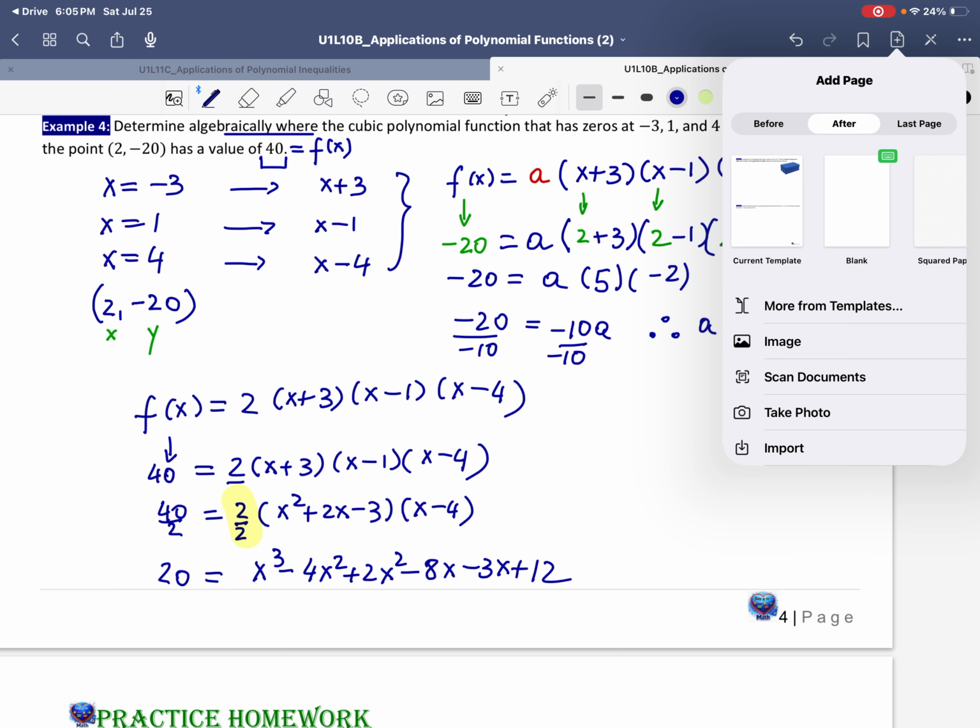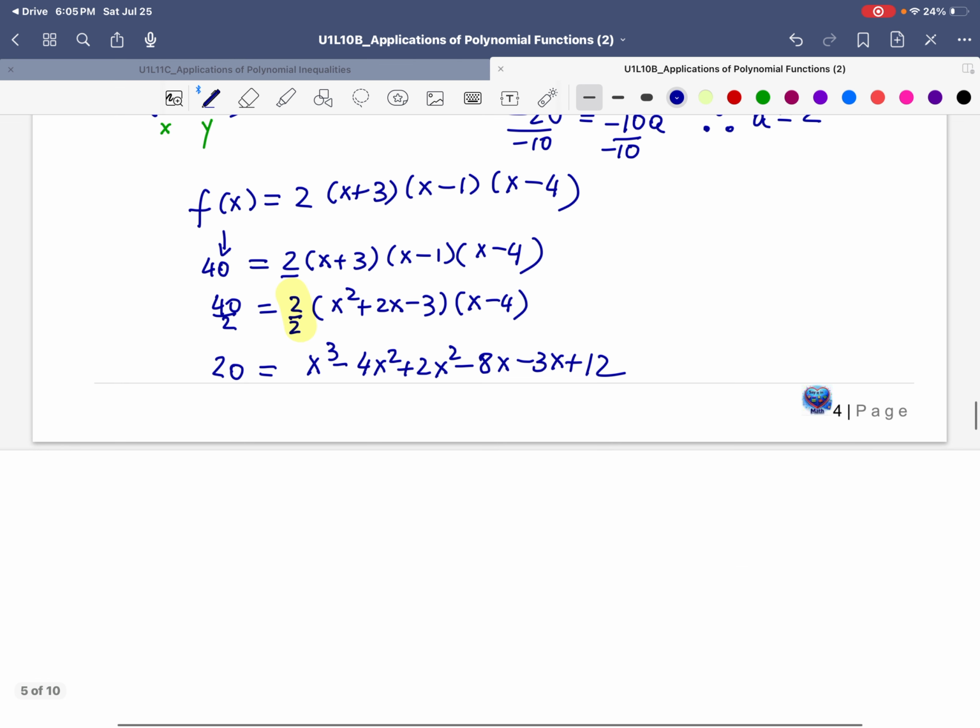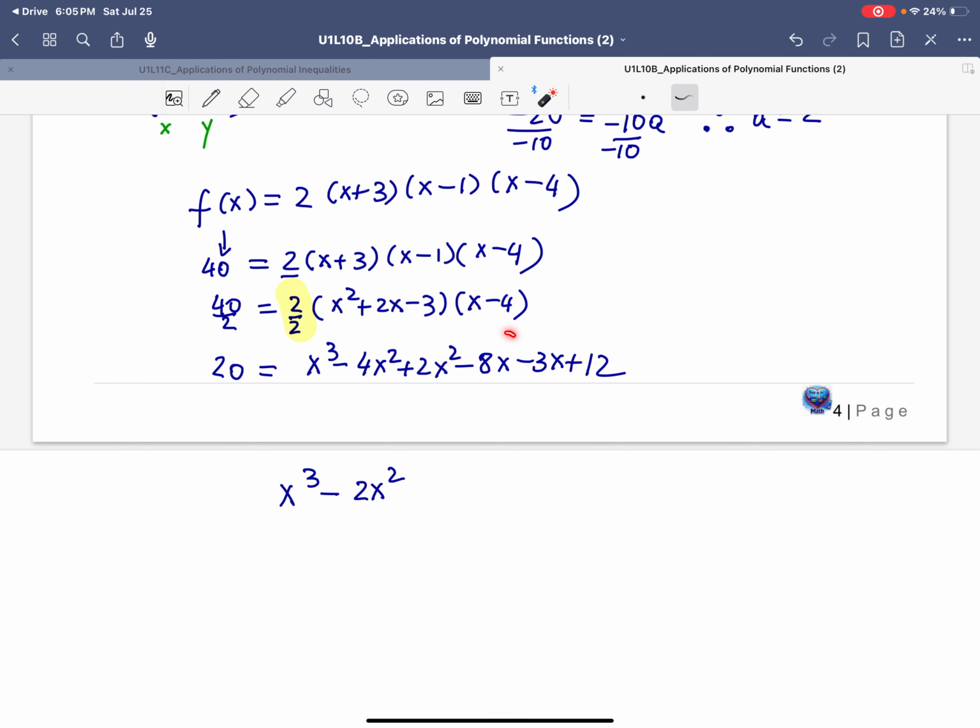I think we're going to need a little bit more room here. We have x cubed minus 2x squared. We have 8x and negative 3x, making together a negative 11x. And then 20 is going to come from the left side, negative, so minus 8 equals 0.